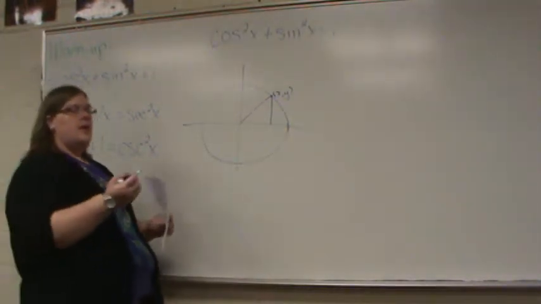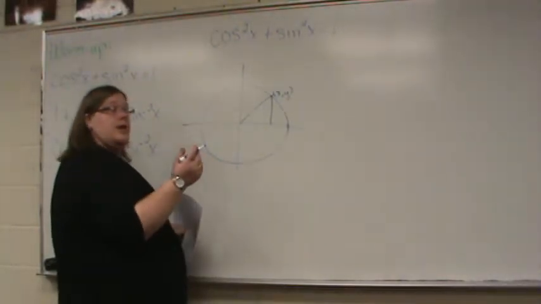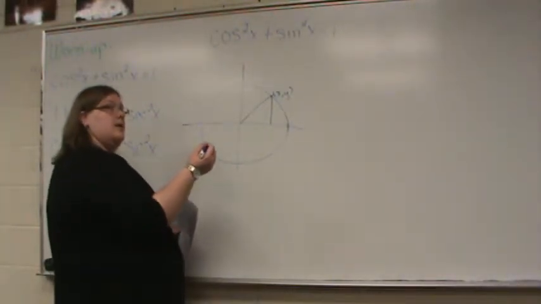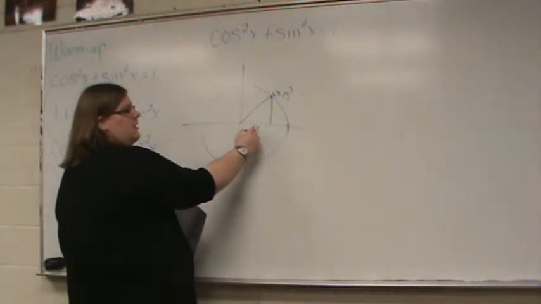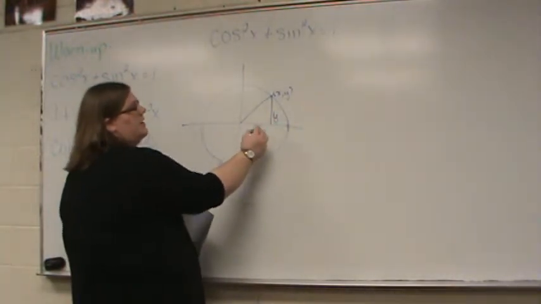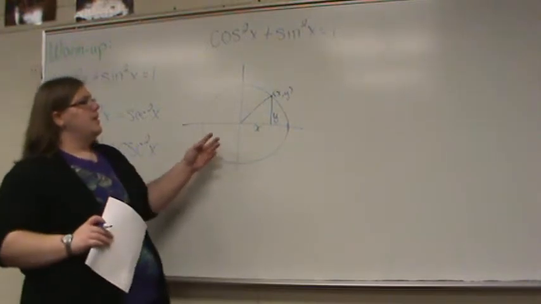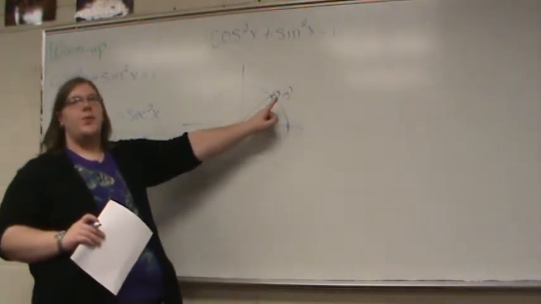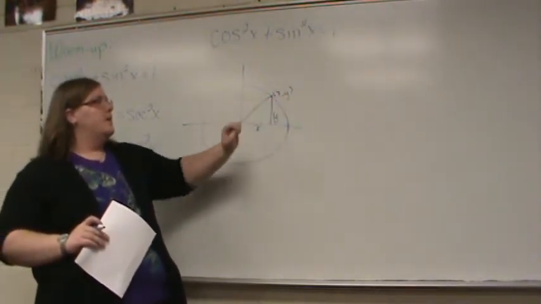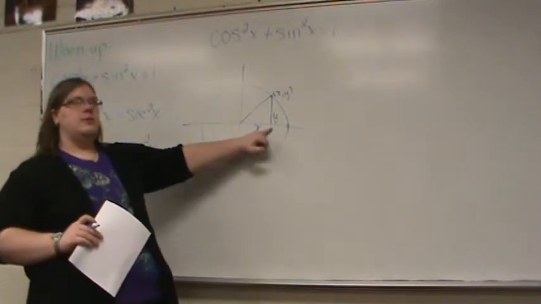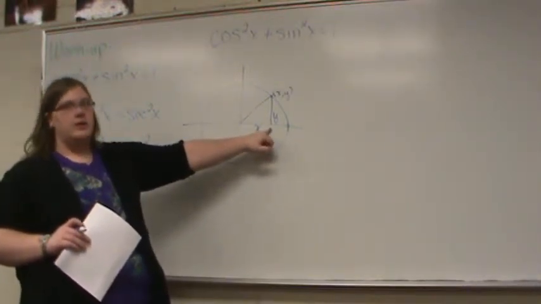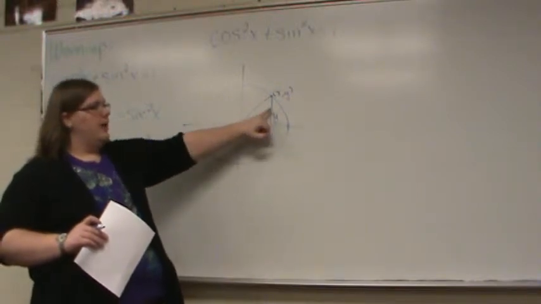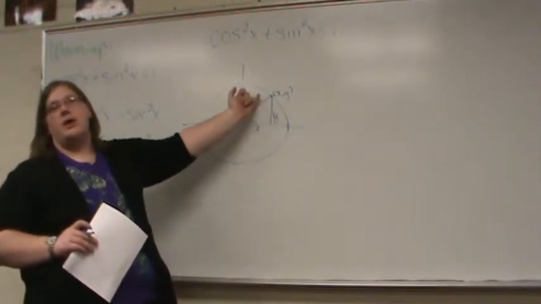X is here, and y is our side. Because remember, if we're looking at some point x, y, we've gone over x units, so that's how far we've gone over, and we've gone up however many y units.